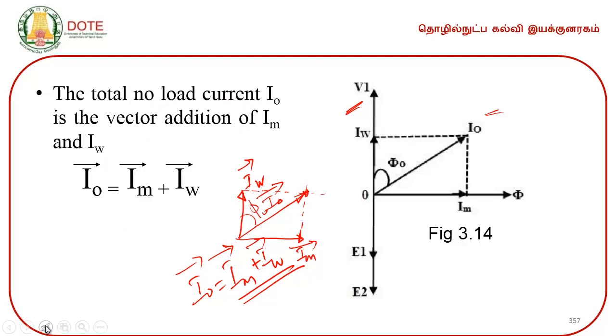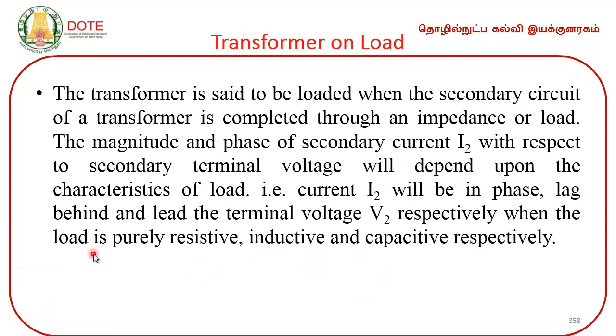Transformer on load. Now, we are going to analyze what happens to the transformer parameters when it is applied with load in the secondary. The transformer is said to be loaded when the secondary circuit of a transformer is completed through an impedance or load.